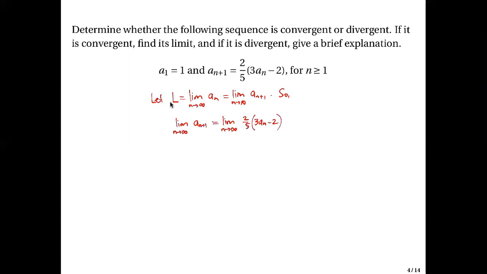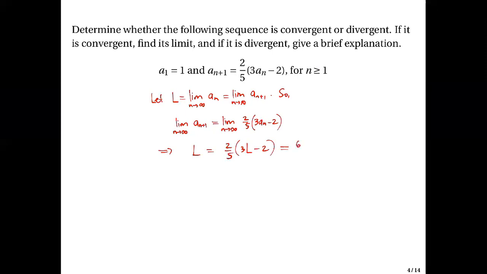But again, from this assumption, the left-hand side is just L. The right-hand side will be 2 over 5 times 3L minus 2. And then you can just distribute this 2 over 5 over this difference.